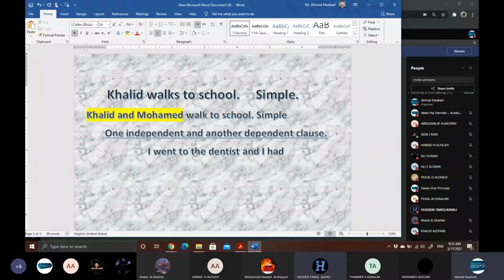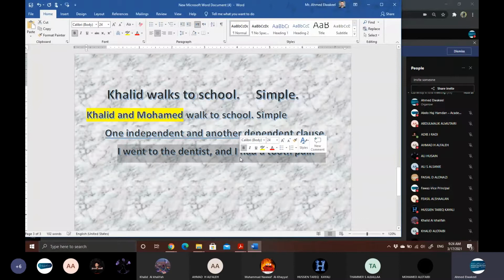A tooth pulled. So like this, something is missing. There's a comma before and. There is a comma before and. Excellent, very good.